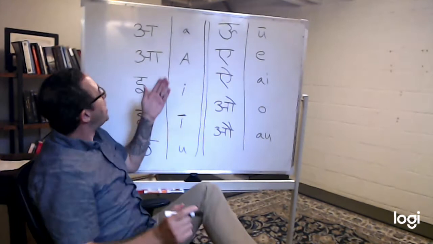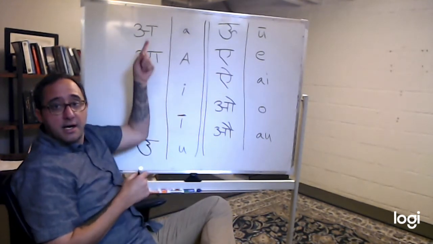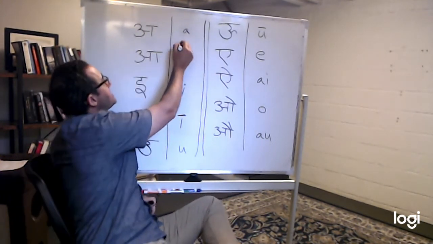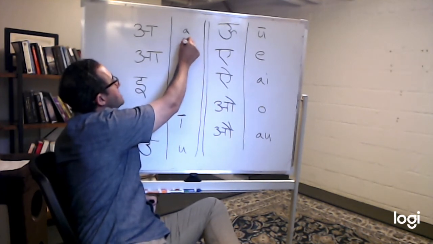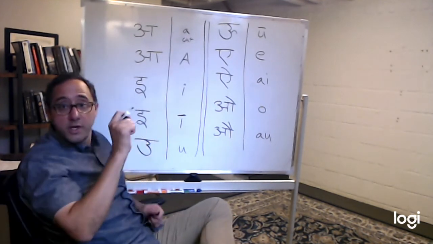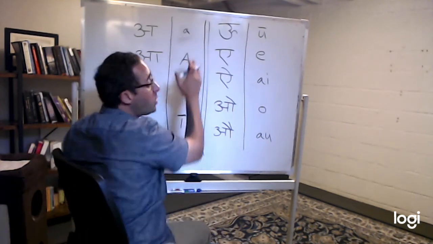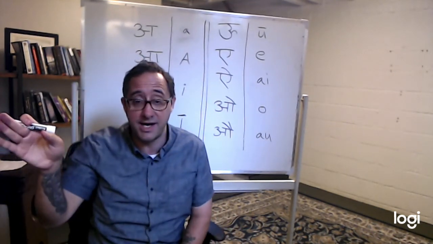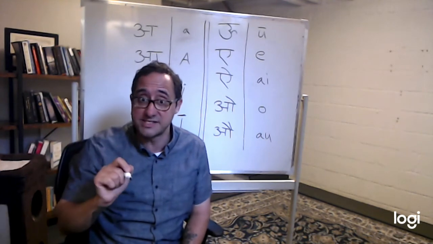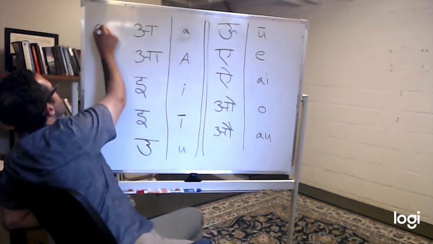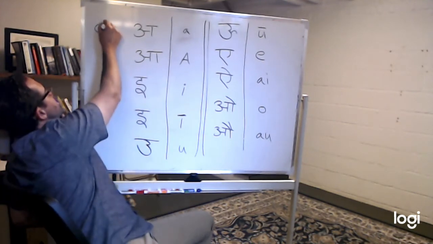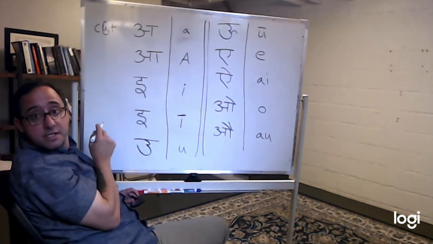So, what are these sounds like? The first is like cut. If I write the English word cut, and you'll want to make your own. If you don't have my book, you'll want to write this down on your own. This is like cut, not cat.